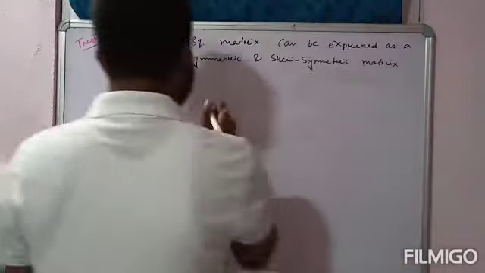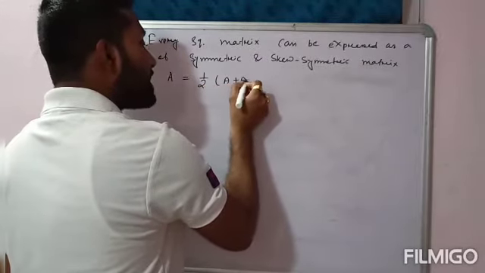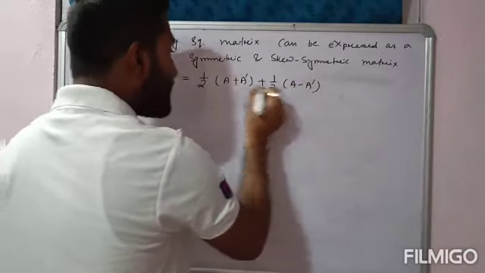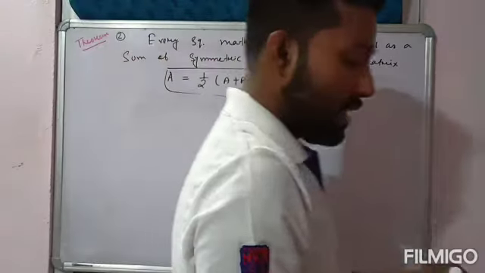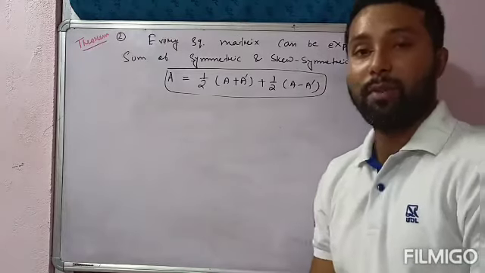Then A is equal to half of (A plus A transpose) plus half of (A minus A transpose). This is the mathematical representation of the given statement.